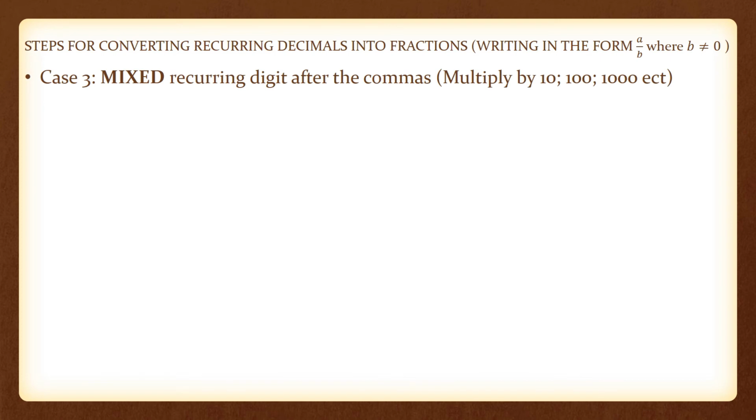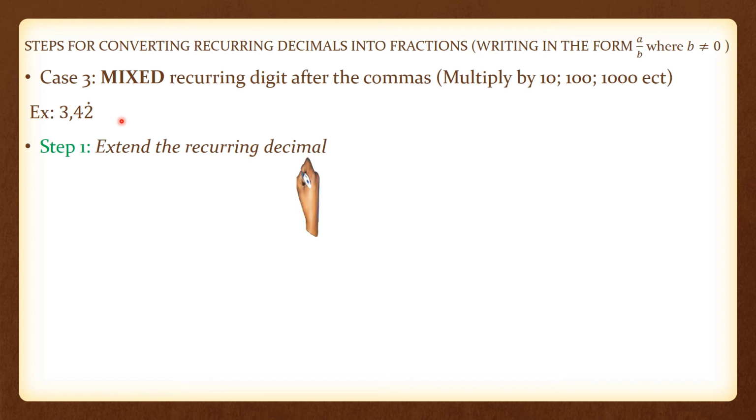Case 3. Mixed recurring digit after the decimal point. Example 3.42 recurring. We call this mixed because we have a non-repeating digit associated with a repeating digit 2. Step 1. Extend the recurring decimal.